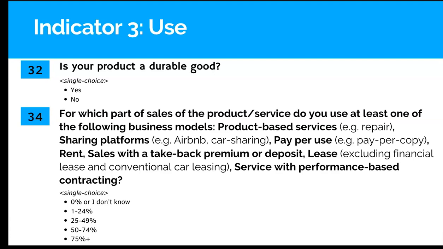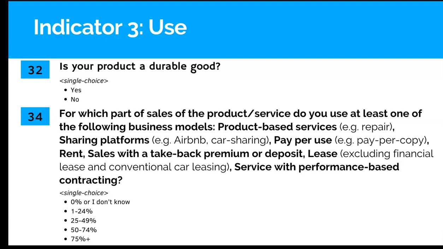The first question, applicable only to products, is whether the product is a durable good. So whether it is durable or intended for longer-term use as opposed to a single-use item or a short-lived item. The following question is asking specifically about the business model through which the customer gets to use the service or the product.